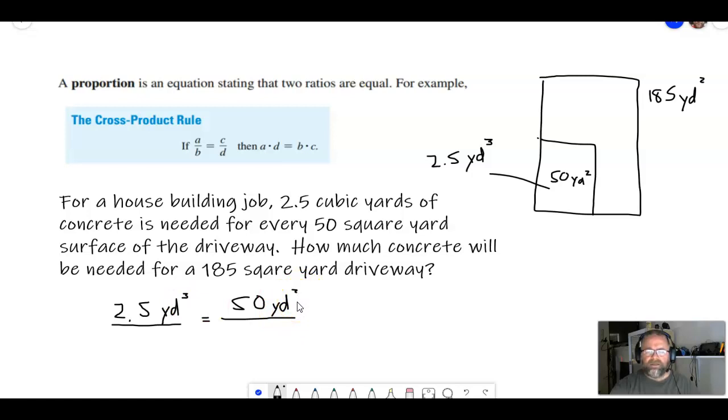So the question is, how much are we going to need if we have 185 square yards? Don't forget, we want to keep the square units on one side here. I am not drawing this very neat. My apologies.